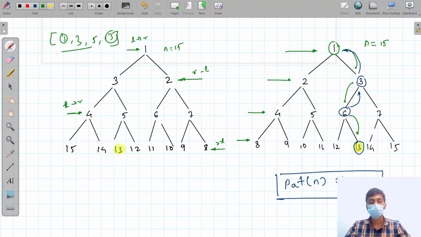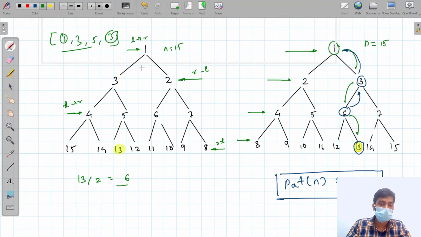Now let's try to apply this formula to this tree. If I do 13 by 2 at this position, it is going to give me 6. This means that parent of 13 should be 6, but in this tree, as we can observe, the parent of 13 is 5, not 6.